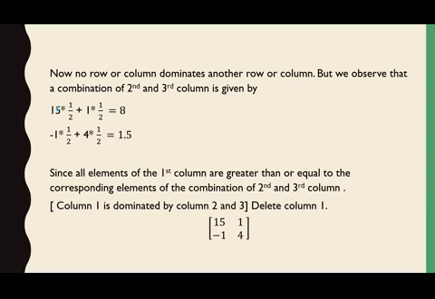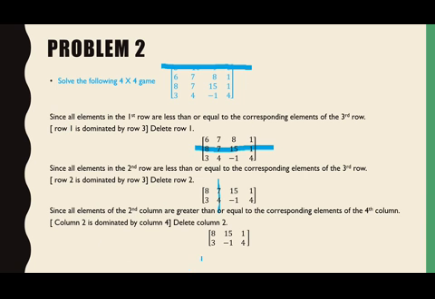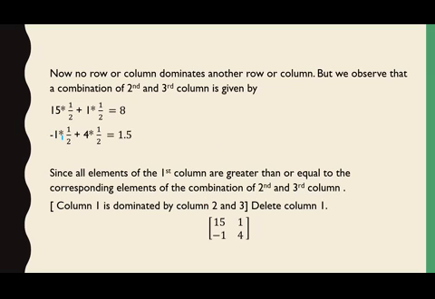Half value of 15 is 7.5, half value of 1 is 0.5, 7.5 plus 0.5 is 8. Similarly, for the second row elements, minus 1 and 4, half value of minus 1 is minus 0.5, half value of 4 is 2, minus 0.5 plus 2 is 1.5. So the combined values that I get are 8 and 1.5.